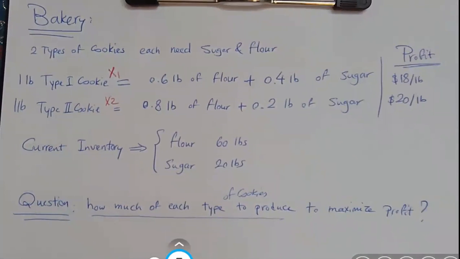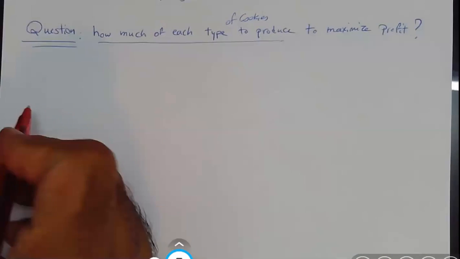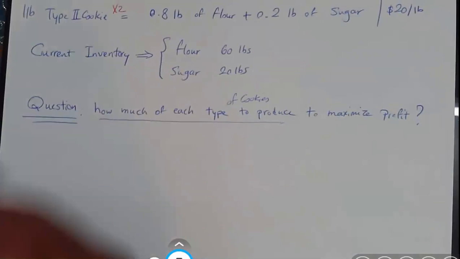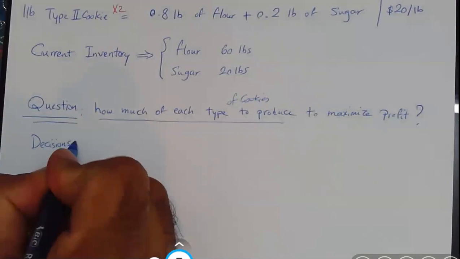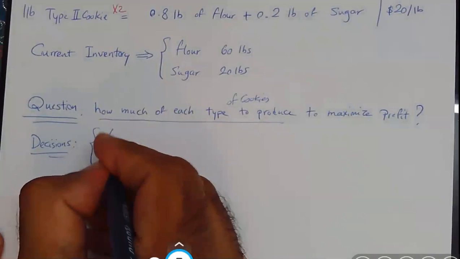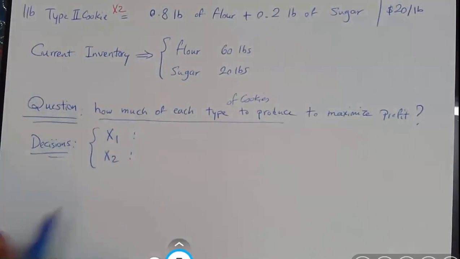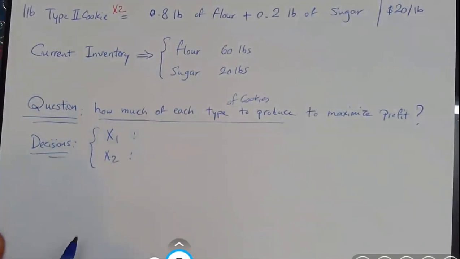I'm going to call this decisions. I'm assigning one variable to each, X1, X2. These are our unknowns, decision variables, the things that we want to decide about.